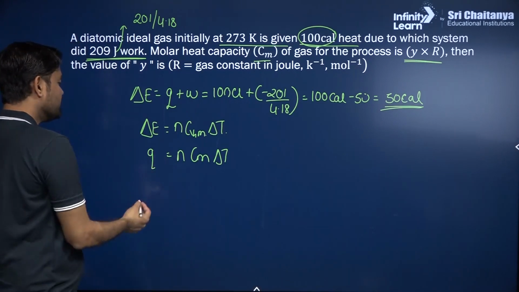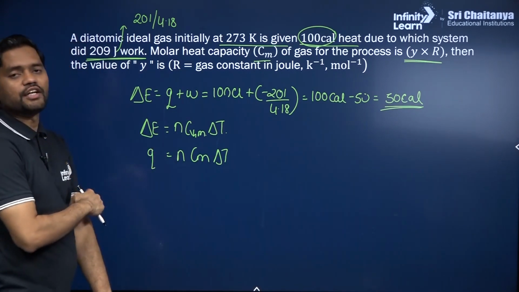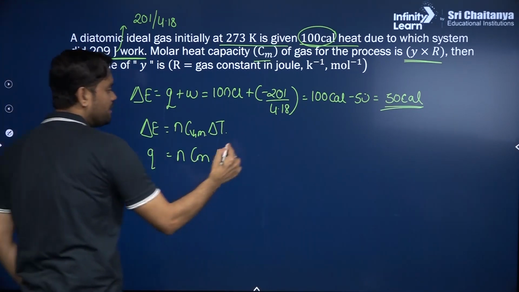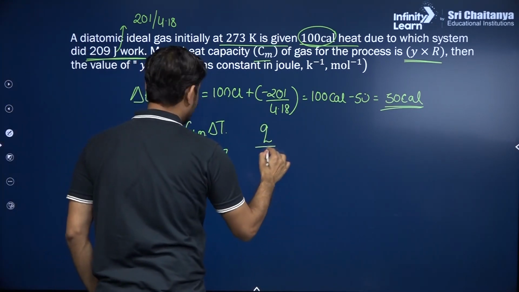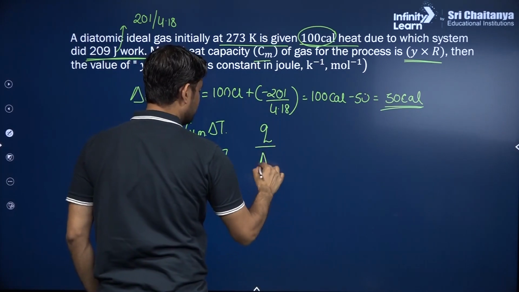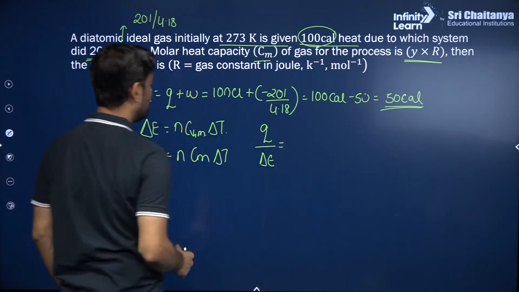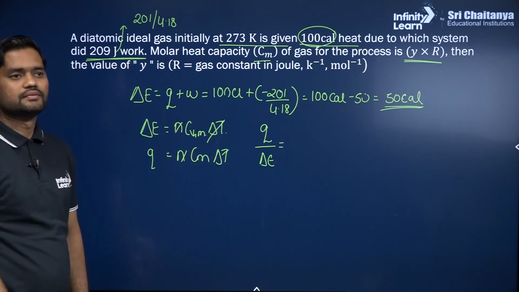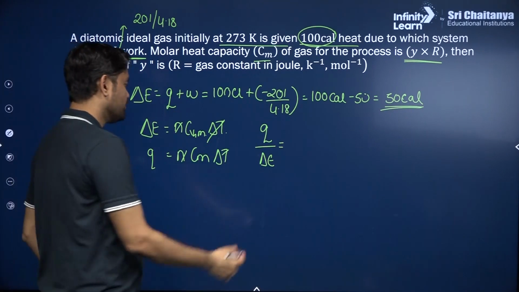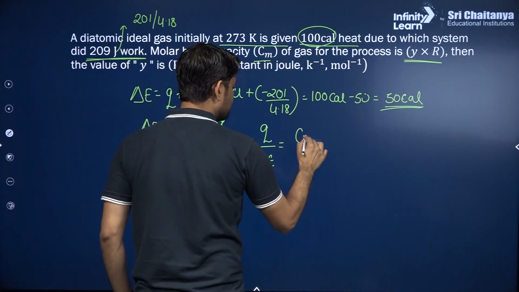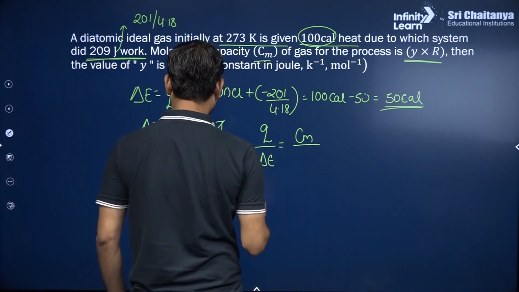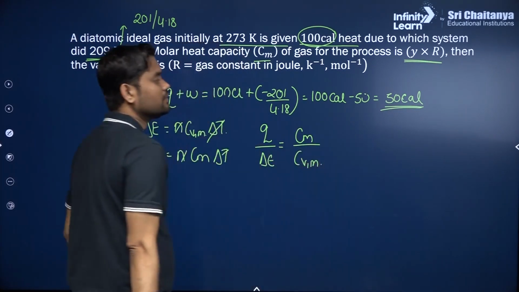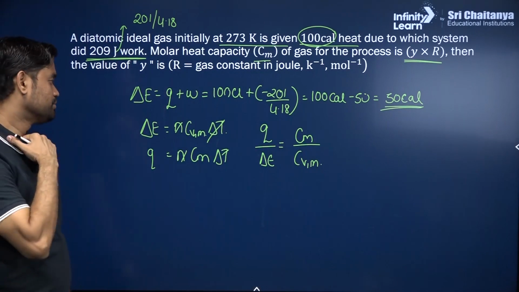So if we take the ratio of heat by internal energy, that is Q by delta E, the number of moles will get cancelled and delta T will get cancelled. So that will be equal to Cm by Cvm.